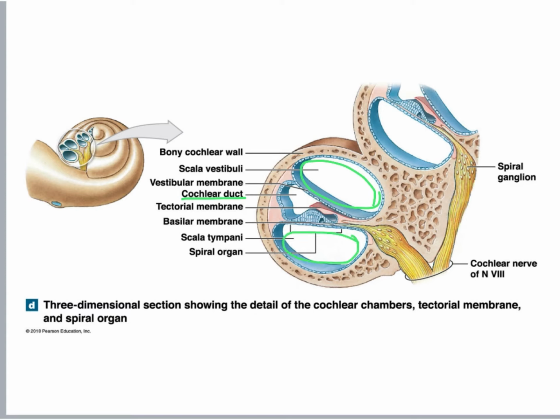These two outside chambers are filled with perilymph, and they are just there to support our cochlear duct. Now, the cochlear duct is filled with endolymph, and inside the cochlear duct, we find the spiral organ. One important detail is that this spiral organ extends through the length of the cochlear duct, going all around until the end of the cochlear duct right here in the middle.